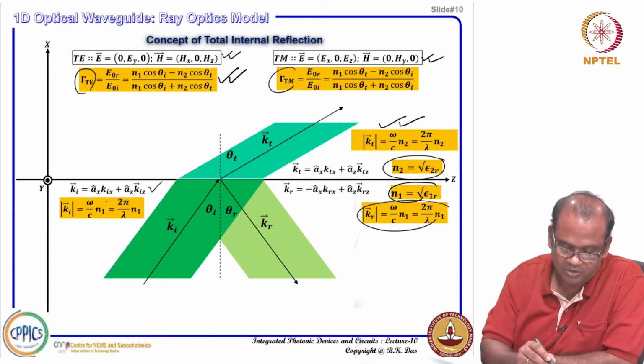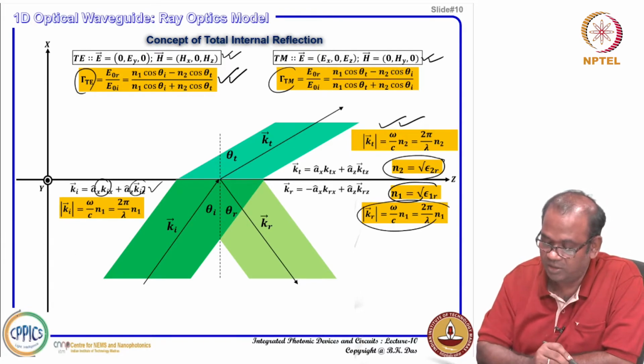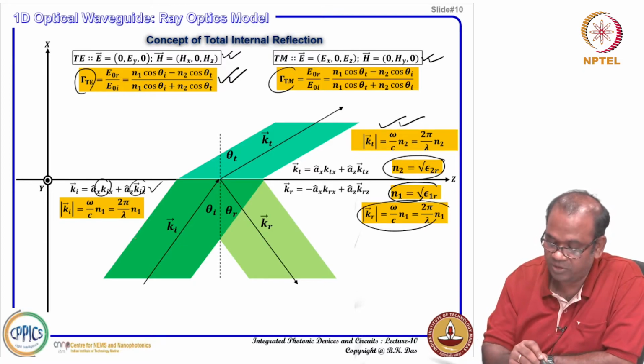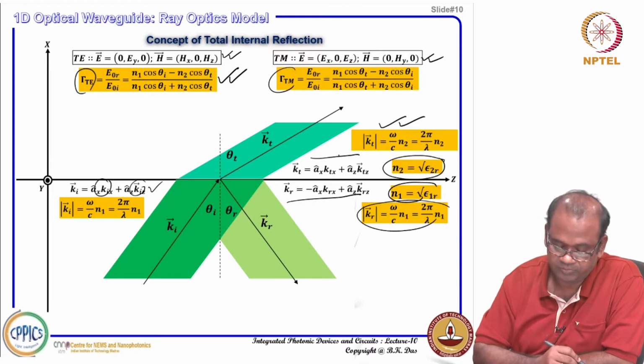So, all these k vectors can have a longitudinal component and a transverse component. Transverse means along the x direction, longitudinal means the z direction, for the incident wave, the reflected wave, and the transmitted wave.